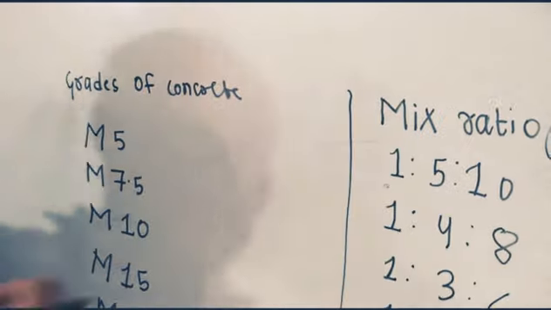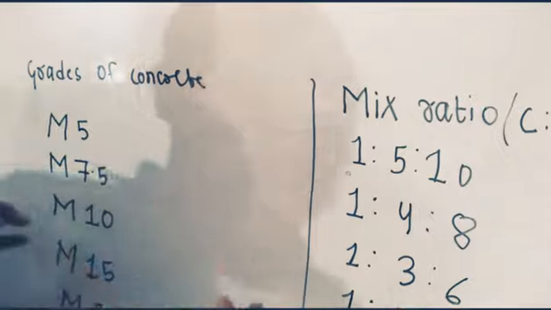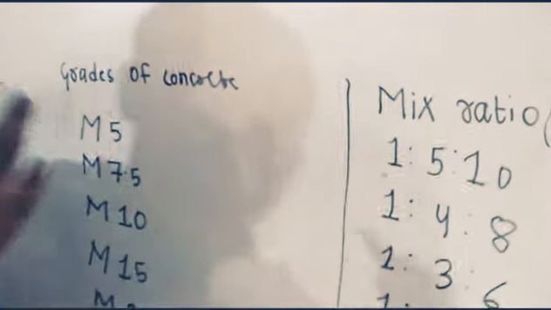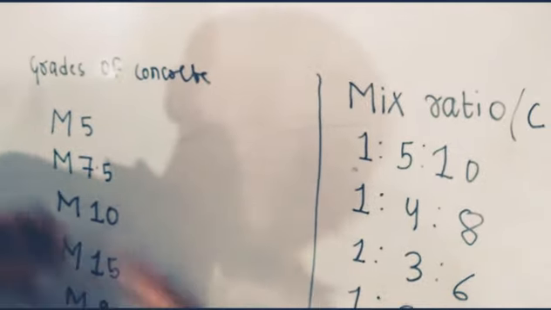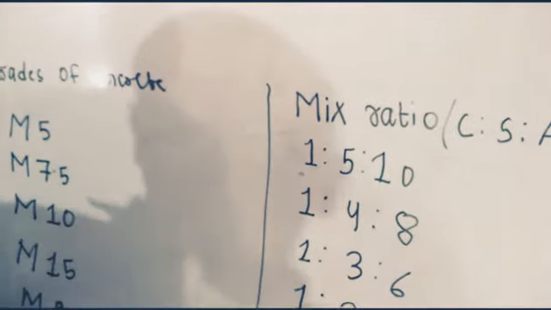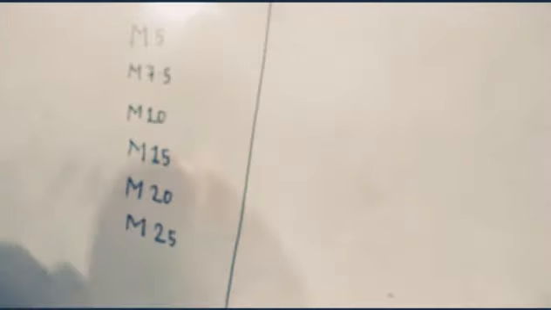And I am going to make another table for the different grades and the water required for the different grades of concrete. Here this column is the same, for calculating the water cement ratio or water required for the cement.